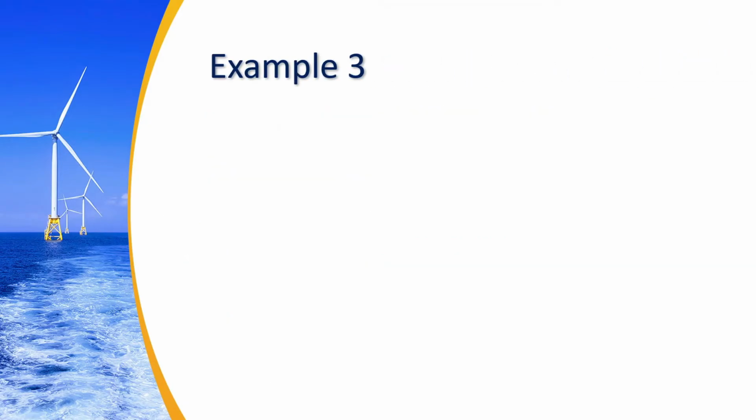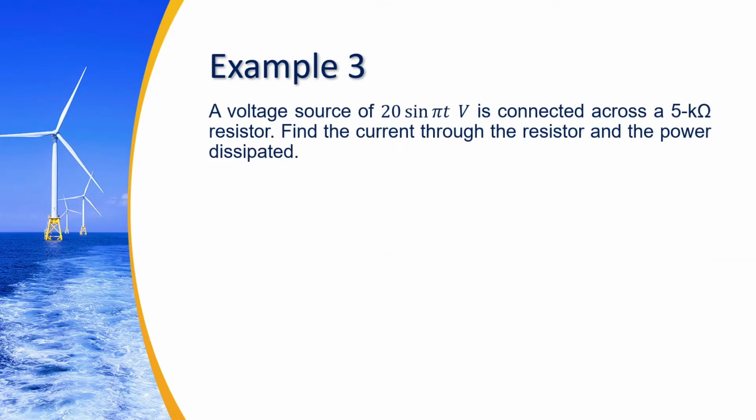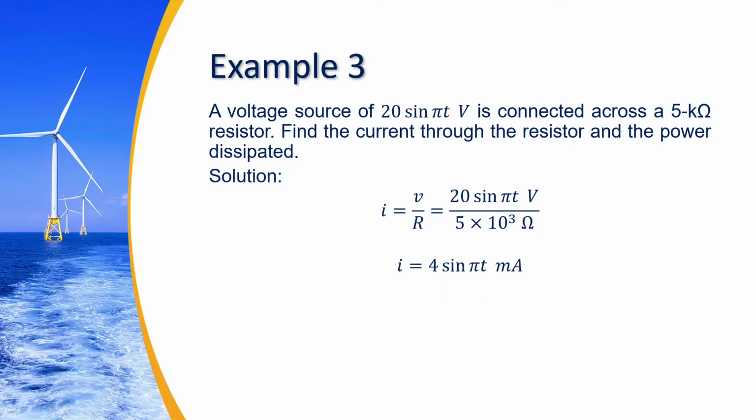So next, for example 3. A voltage source of 20 sin pi t volts is connected across a 5 kilo ohm resistor. Find the current through the resistor and the power dissipated. We know that the formula is current is equal to voltage over resistance. So, let's substitute the 20 sin pi t for the voltage, and the 5 kilo ohm for the resistor. By getting the quotient, we get an answer of 4 sin pi t milliamp.